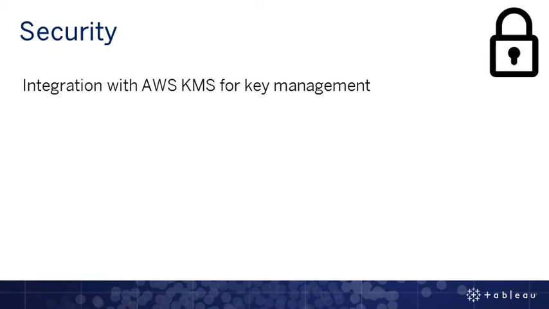And the AWS KMS service is a very advanced key management service. And by storing the key in that service, you can meet more advanced compliance requirements. And it's a good security best practice and a central place to store all your keys across all of the different types of applications you might be running in AWS as well.